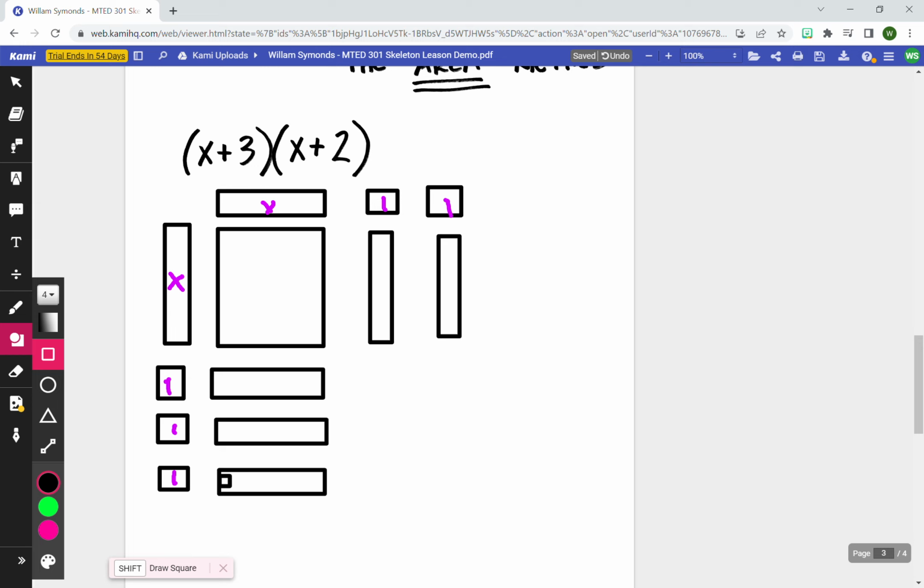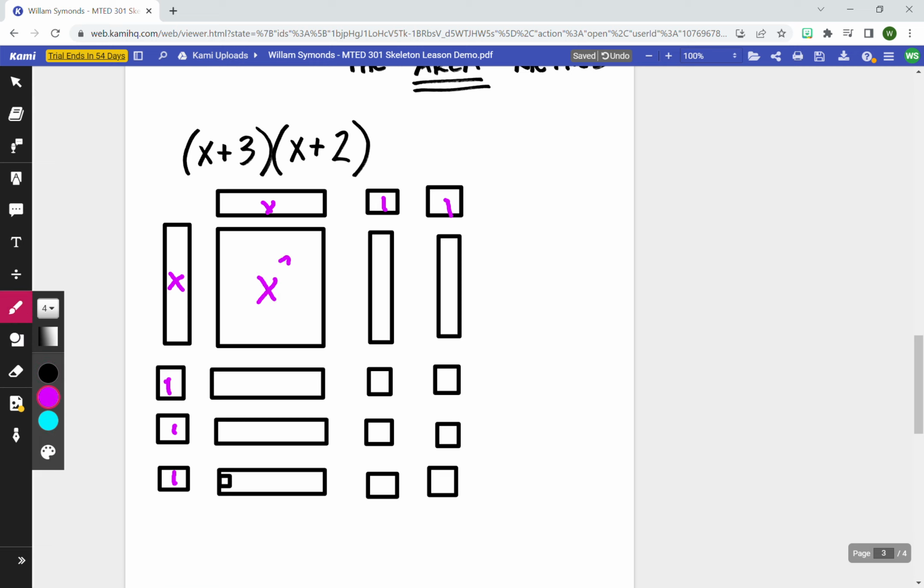And if we move down, we have a box times a box, which would give us just 1. It would be the same right here, and that can be counted right here as well. And then moving down the far right column, we have another box, and 3 boxes all the way down. Again, we have x squared, x, x, x, all these x's that we have to count up. We also have all these little 1 by 1 boxes that we can count up as well.